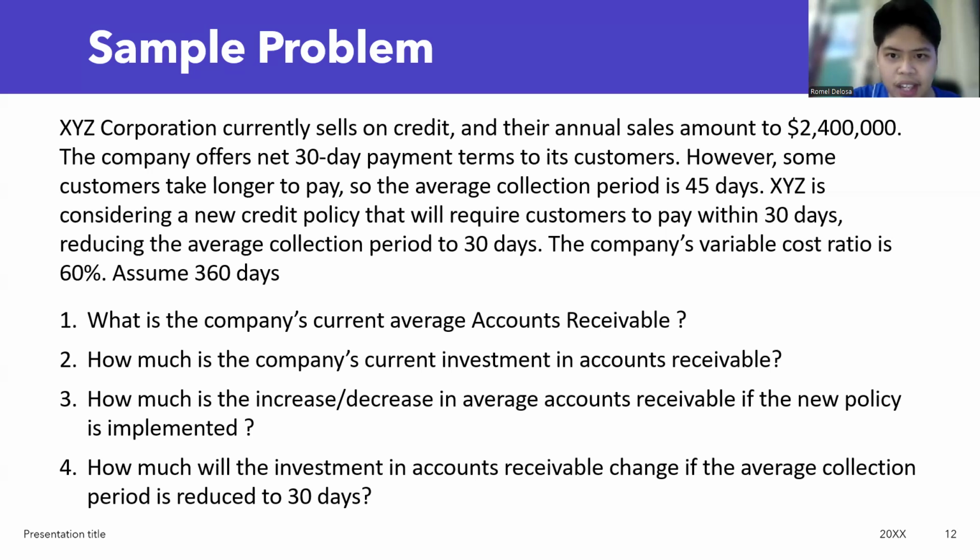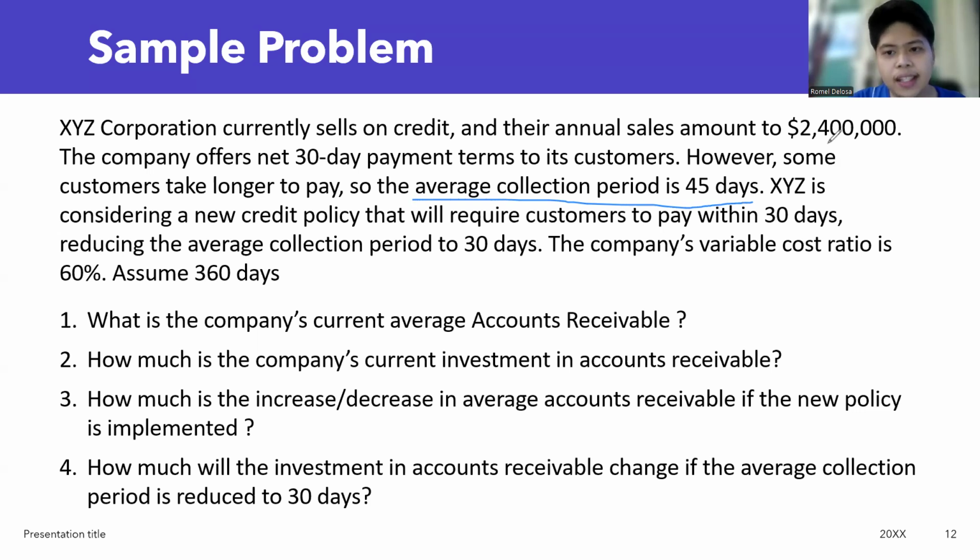So ano ba yung mga given? Given dito, ano ba yung current average collection period? The average collection period is 45 days. It means that on average, it will take customers 45 days before they pay their respective obligations.